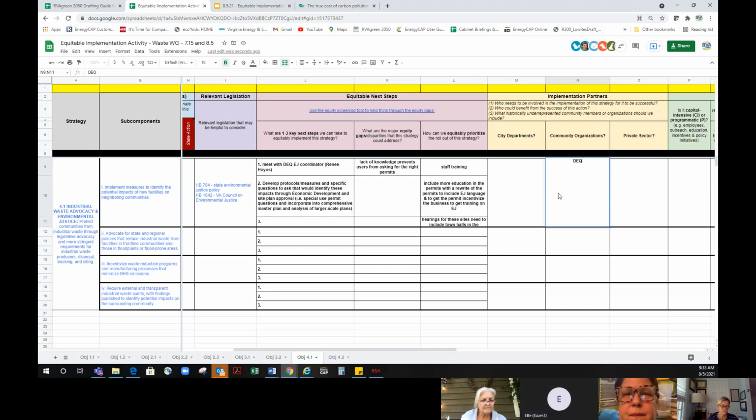I just want to throw one more possible idea on there, which is implementing measures to identify the potential impacts of new facilities on neighboring communities. Wouldn't that just be bringing the public into the process from the get-go?